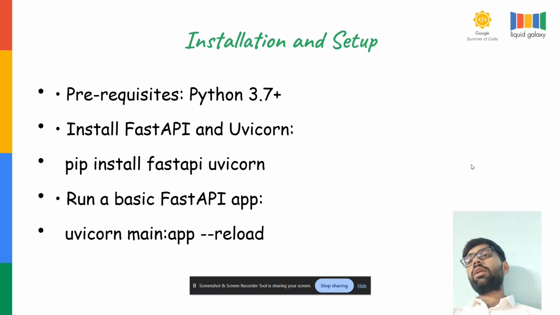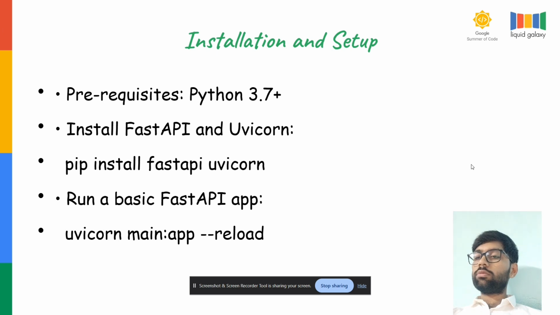And now, what are the steps to install and set up? We require Python version 3.7. We have to install FastAPI and Uvicorn if you need it. The pip install fastapi command installs the FastAPI library.